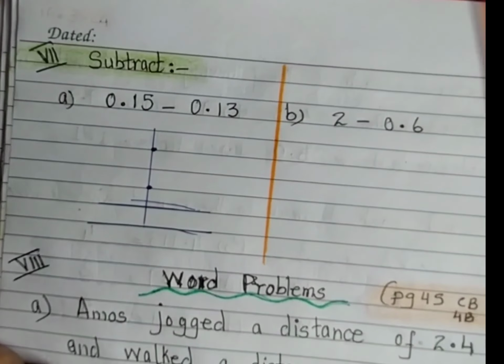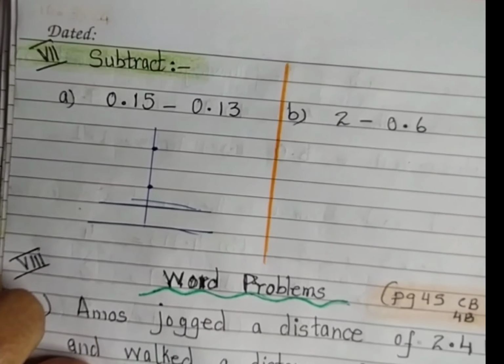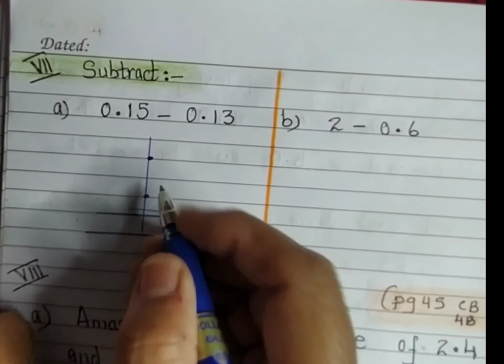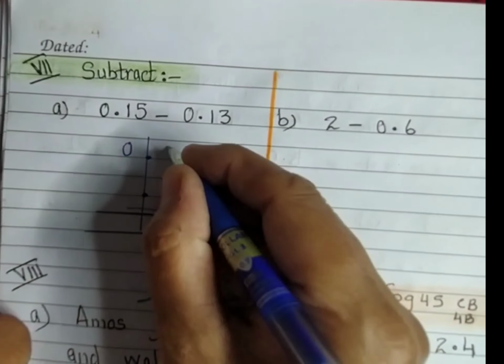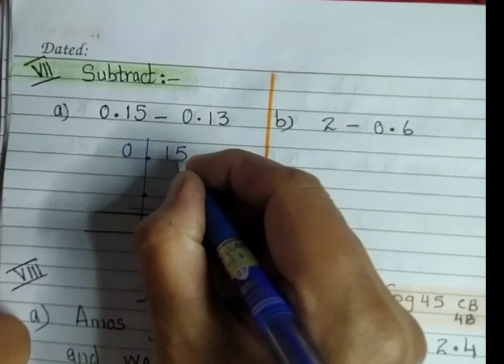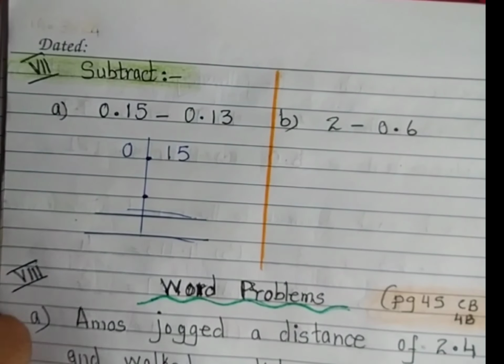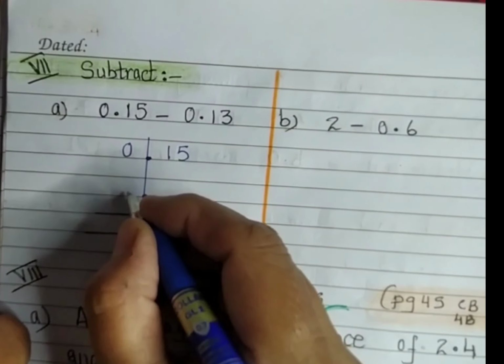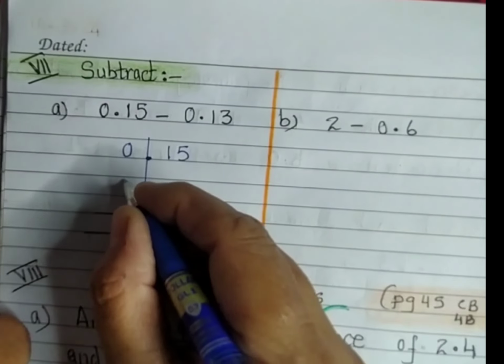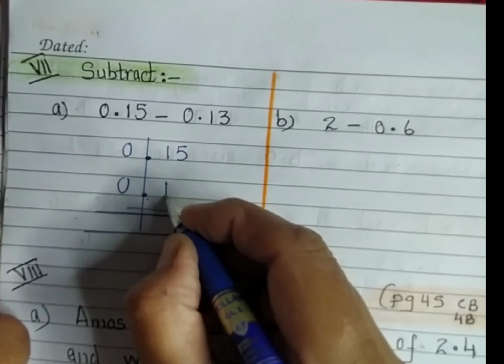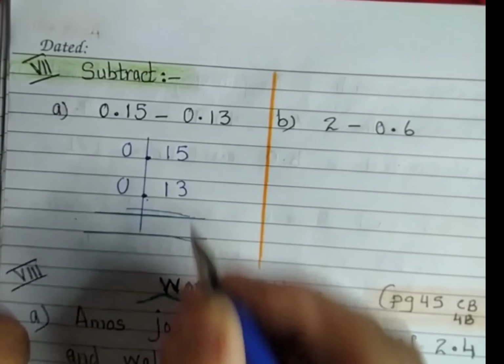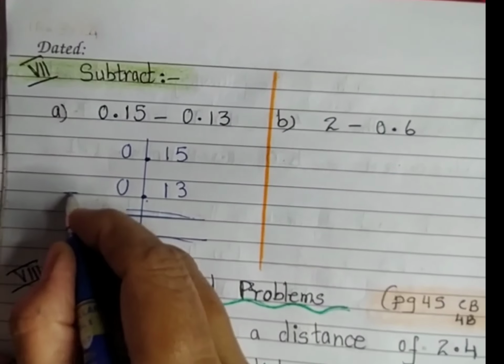Okay, so we have 0.15 here. And 0.13 here. What have you noticed here?